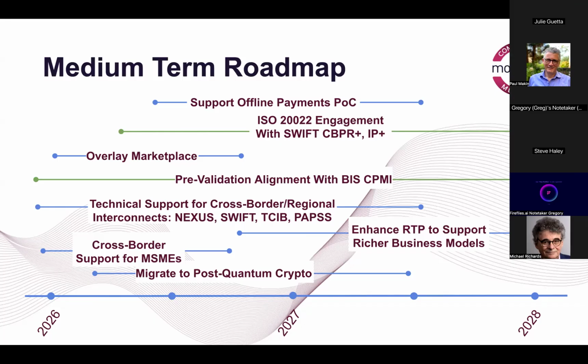There are issues around pre-validation with that as well, and there's work there that we can do to extend pre-validation and agreement of terms across into these other schemes. That's essentially Michael's work with CPMI. So there's almost three parts to it.